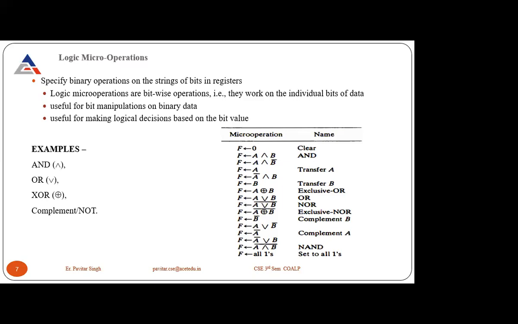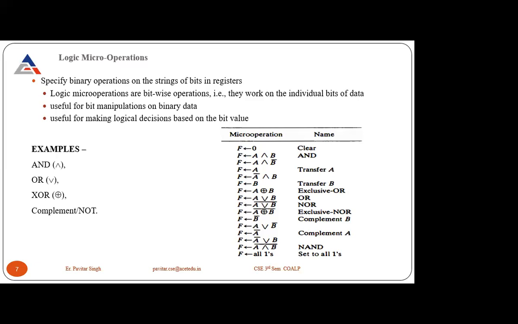Last but not least, we have complement, or NOT, micro operation, which is written with a dash, or you can write it as a bar. So let's discuss all the logic micro operations one by one.